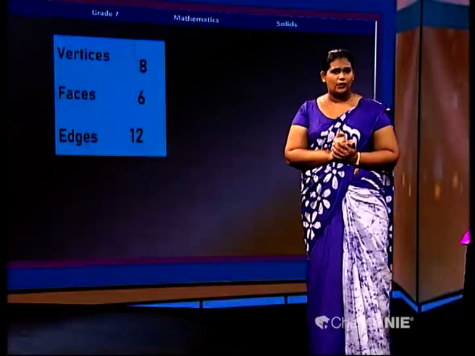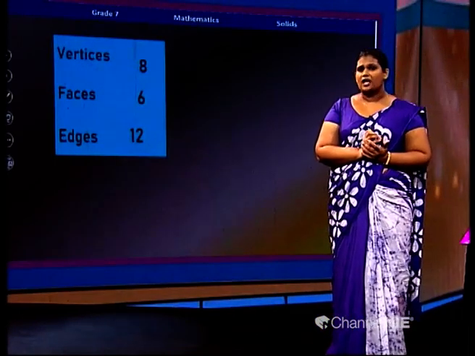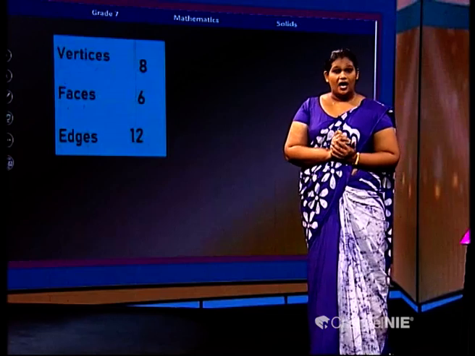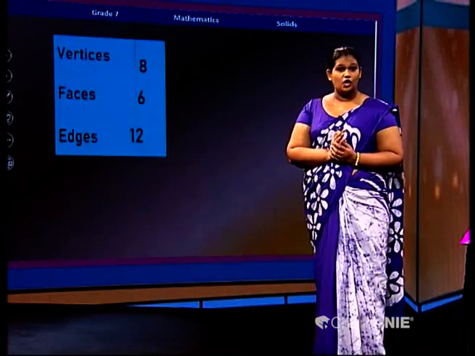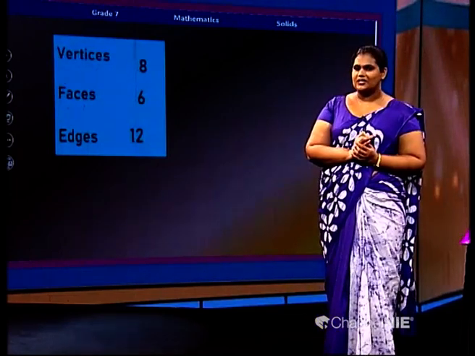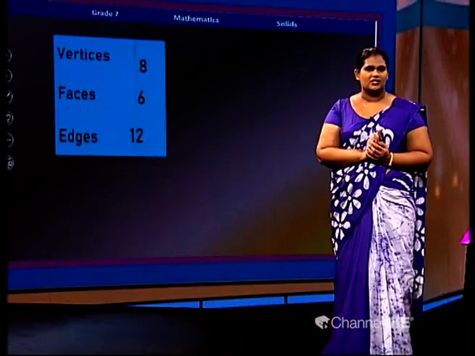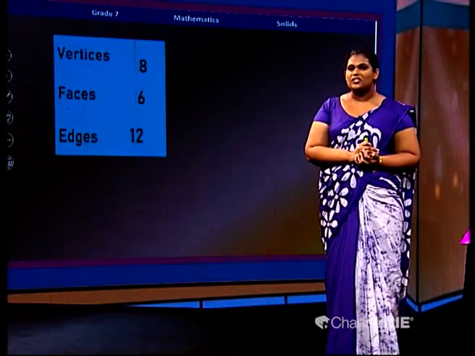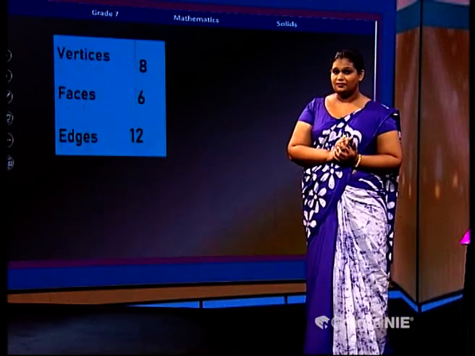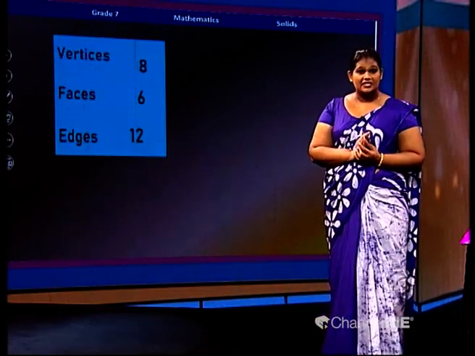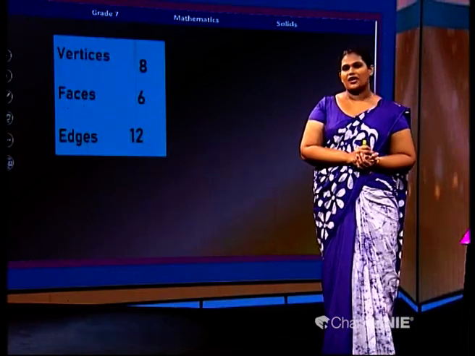Now, think quickly, what are the solids that come to your mind? The cube and cuboid come to your mind, isn't that so? Both the solids have the same features. But in the question they have mentioned that it has 6 identical faces.